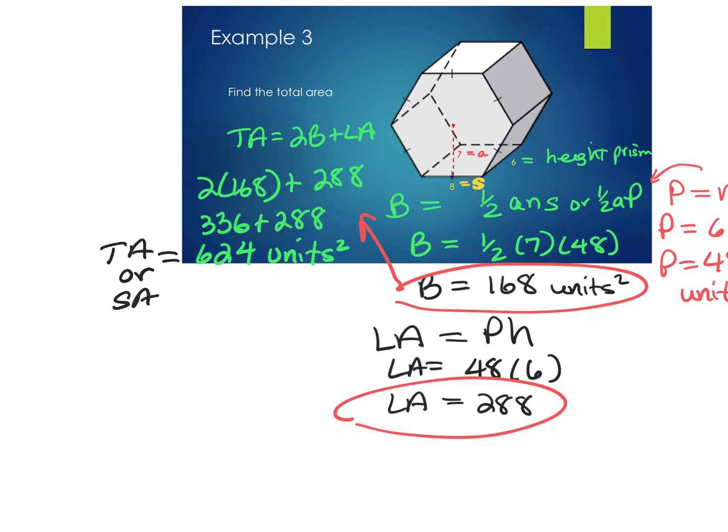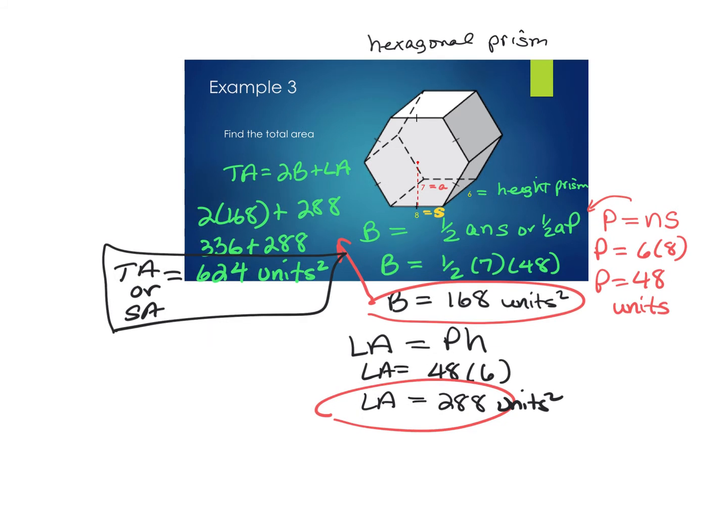They both mean the same thing. So again, if you take the time to find perimeter and base area, then finding total area makes it a little bit easier. So these were the prisms.